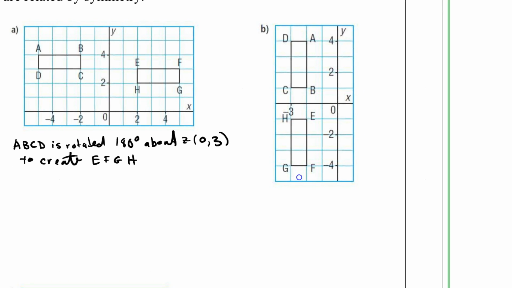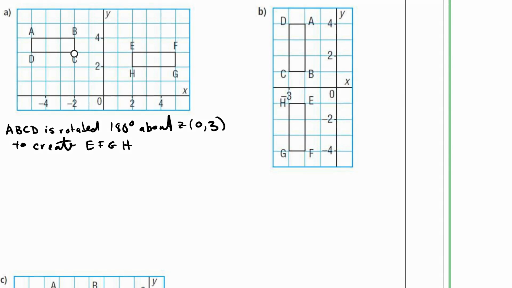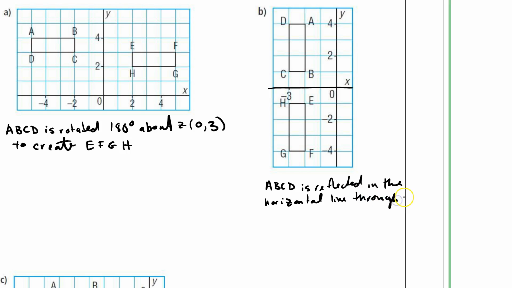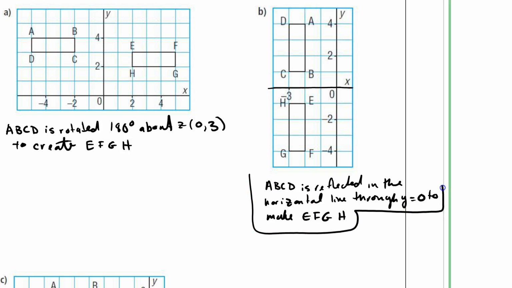What about this one though? Well, I can say that A, B, C, D is reflected in the horizontal line through y equals 0 to make E, F, G, H. Okay, that's one option.